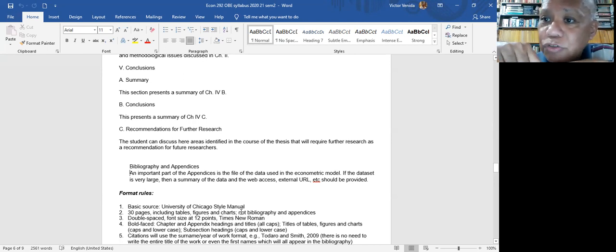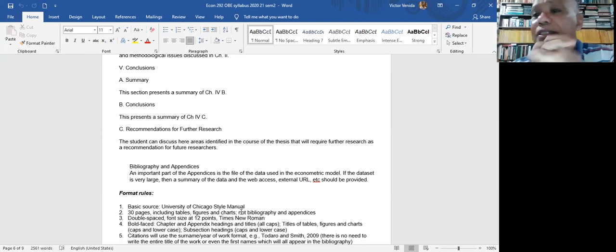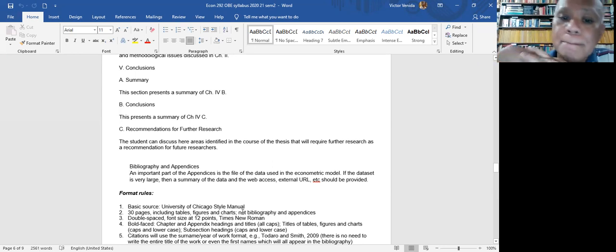Only the titles of books, journals, and working paper series number, discussion paper series number, are italicized. Okay. The only thing that's underscored or underlined would be the websites that you access, where you also include the date by which you access them.